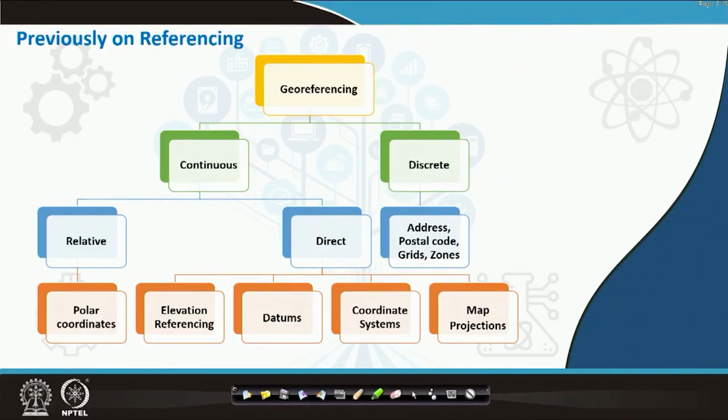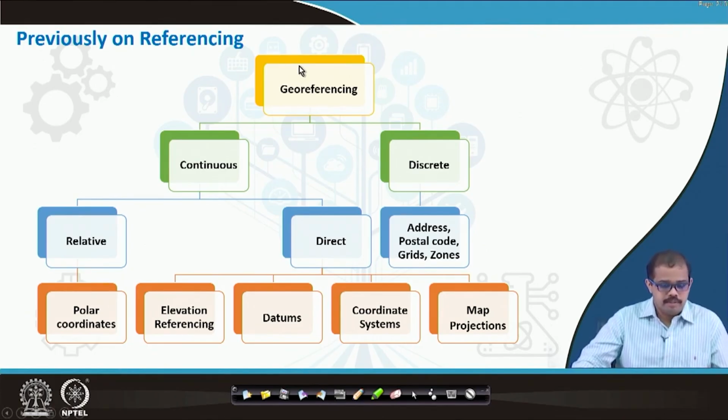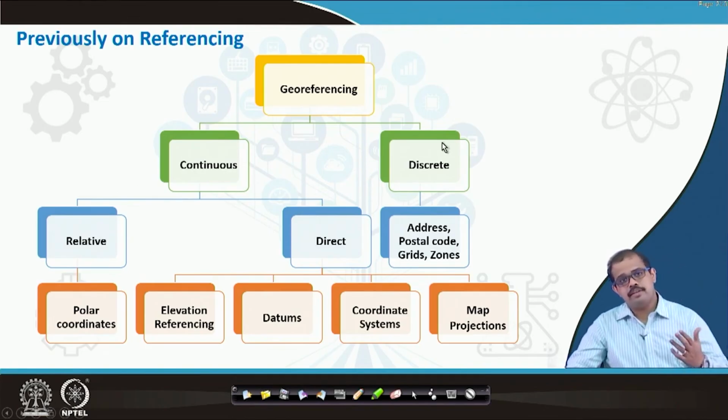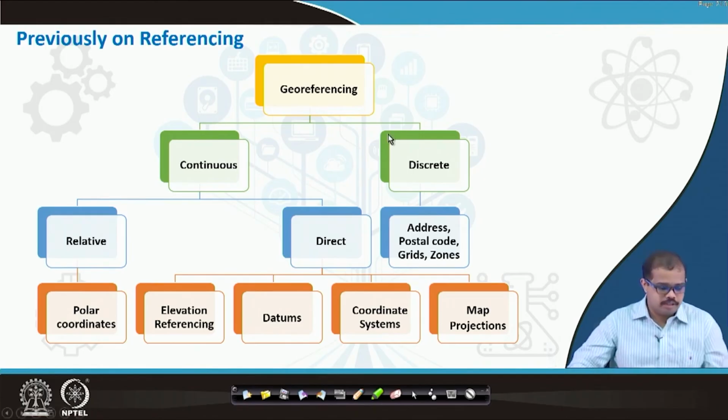Just to go back to the previous lecture so that we understand it much better, we started with what is georeferencing. We have two types of georeferencing we looked at. One is continuous georeferencing, the other one is discrete georeferencing. When we look at the continuous system, we have relative georeferencing and direct georeferencing.